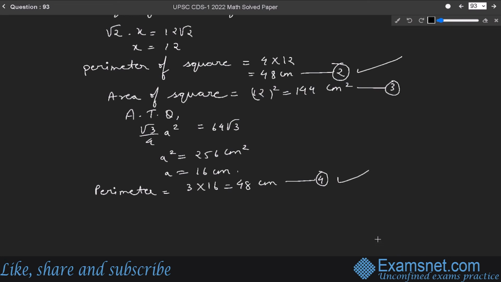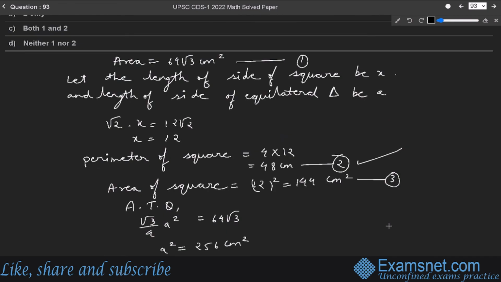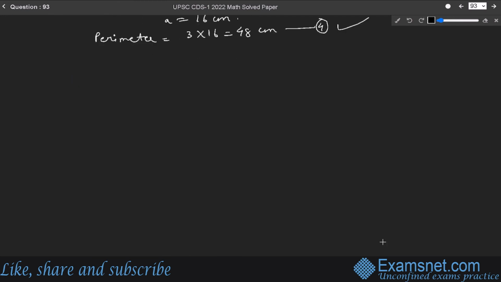And from equation 1st and 3rd, let us look at the equation 1st and 3rd. This is equation 1st and this is equation 3rd. We can write that area of square upon area of triangle is equal to 144 upon 64 root 3.